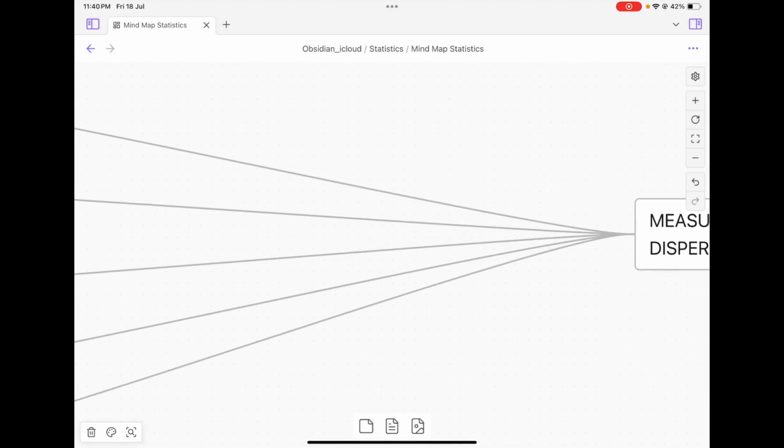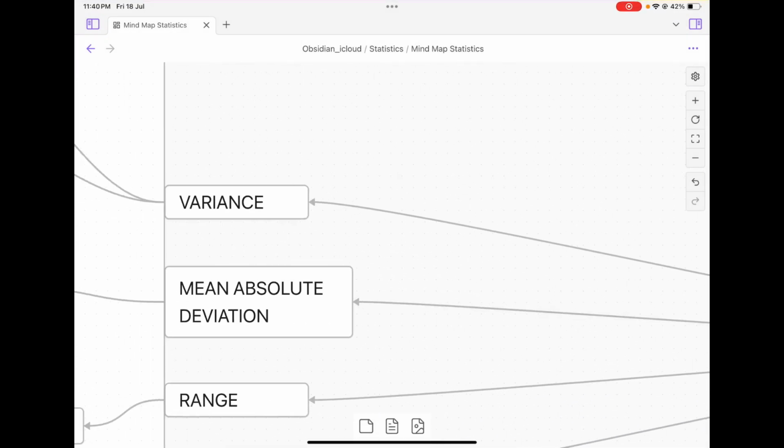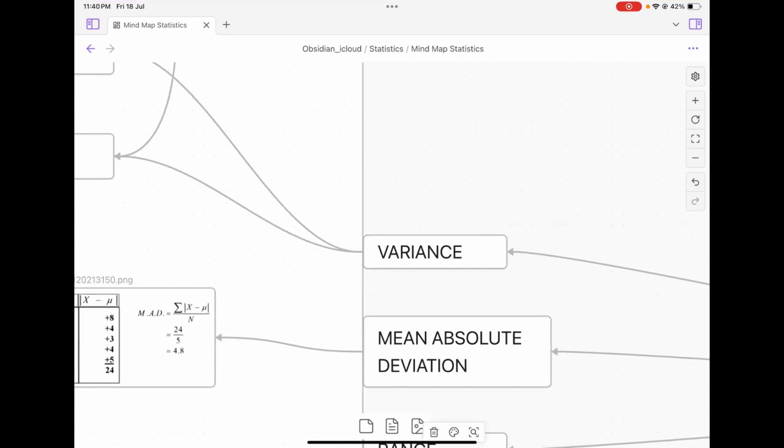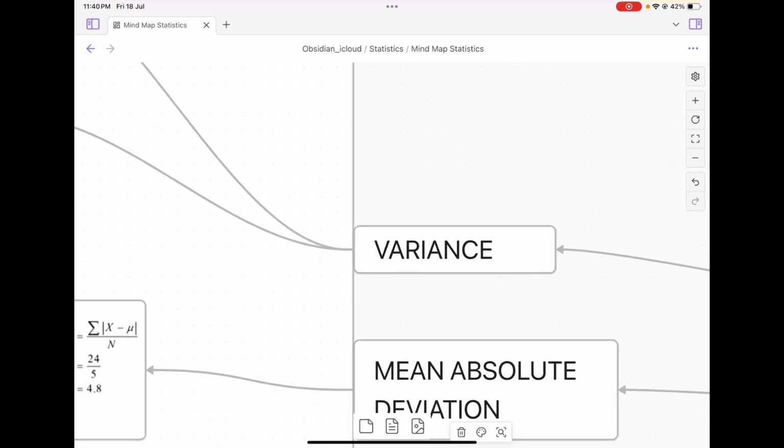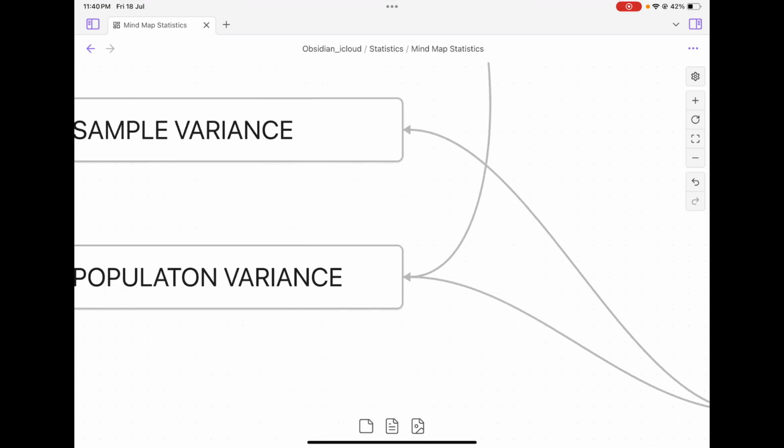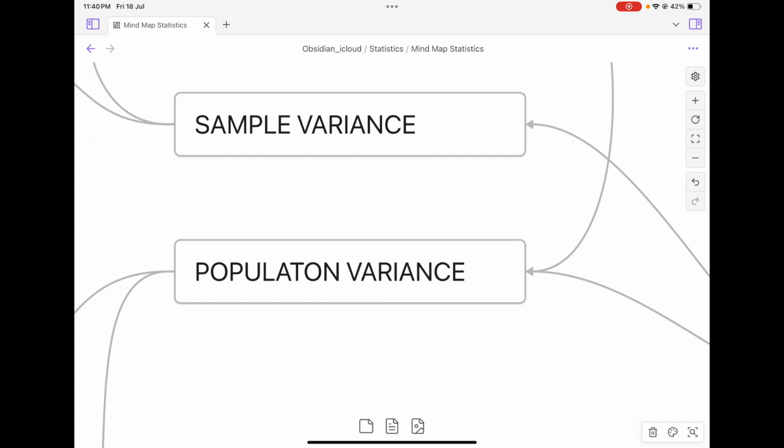In measures of dispersion, first we will take a look at the variance. So how do we calculate variance? Variance means the variation in the data. There are two types of variance: sample variance and population variance. This is a concept we frequently encounter.